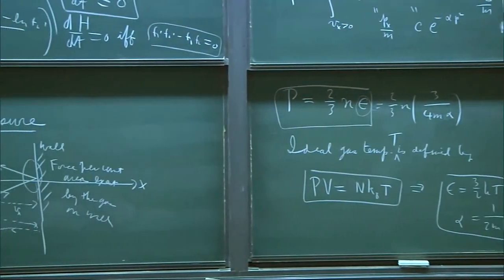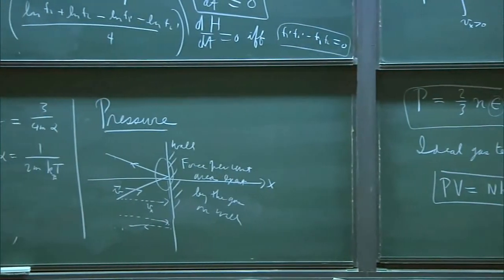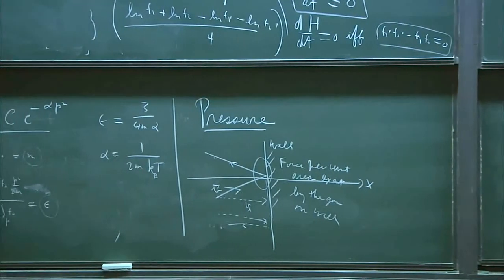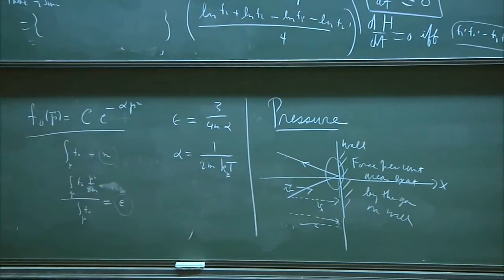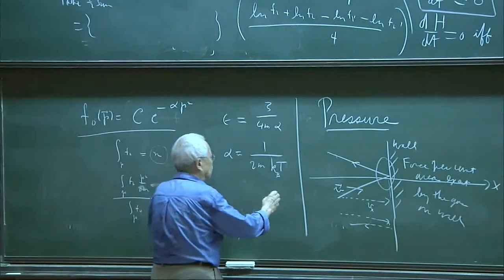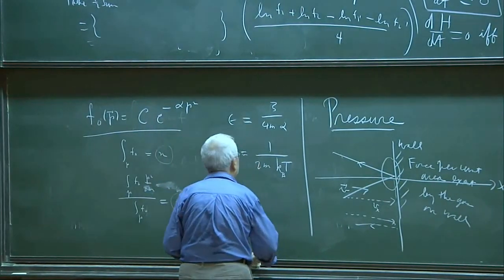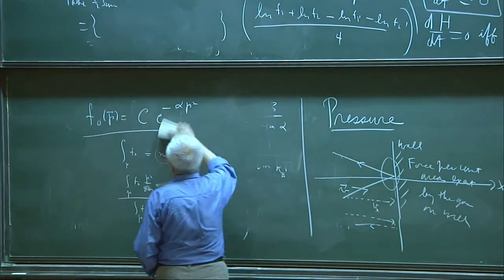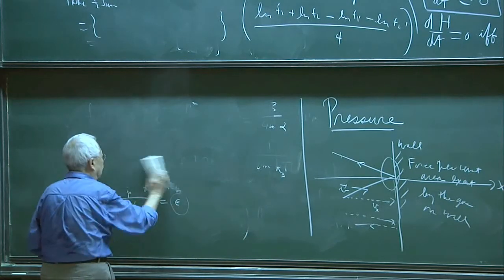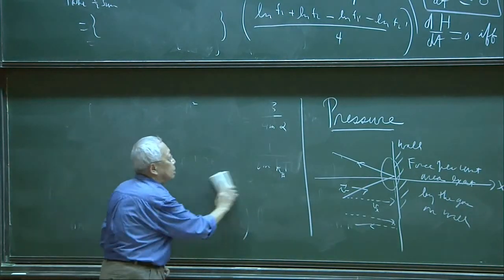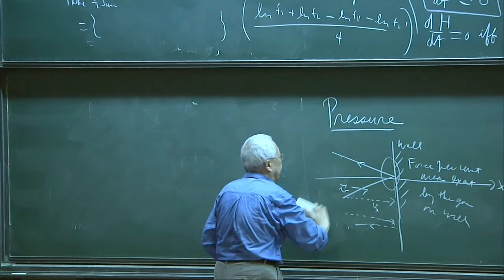So now let's discuss thermodynamics. Now let's derive the thermodynamics of an ideal gas. Since we know F, we know everything about the system. The first thing is that we should compute this Boltzmann's H in equilibrium.